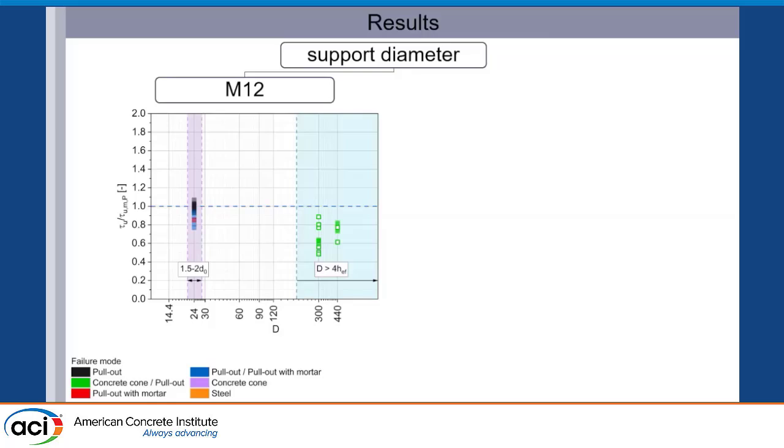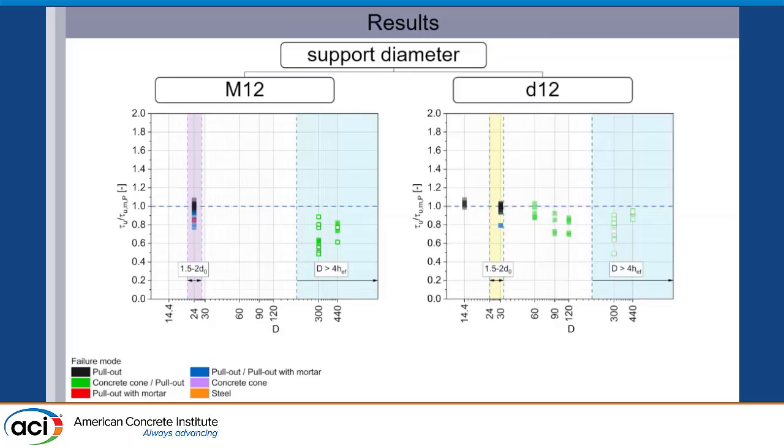If we increase the support diameter, as is to be expected, we have a decrease of the ratio, and as you can see here, we also have a larger scatter of the results. So for 300 millimeters, this scatter is quite high compared to 440 millimeters, even though both of them are considered as unconfined test setup. And also, the relative value is a bit higher for 440 compared to 300 millimeters.